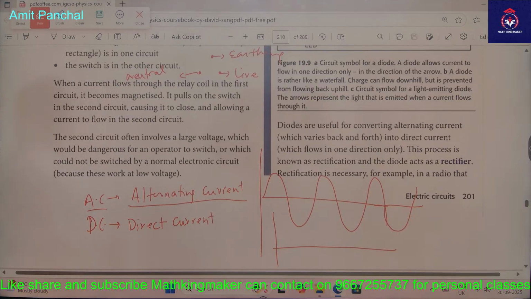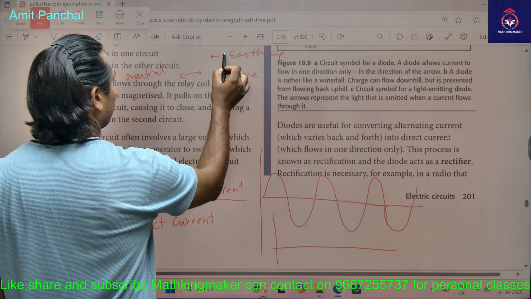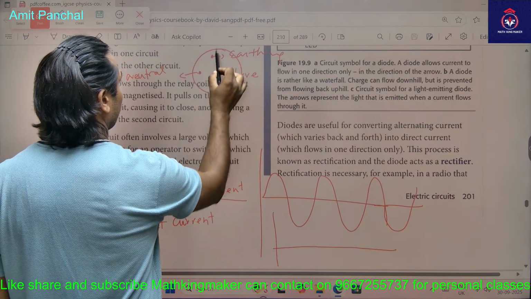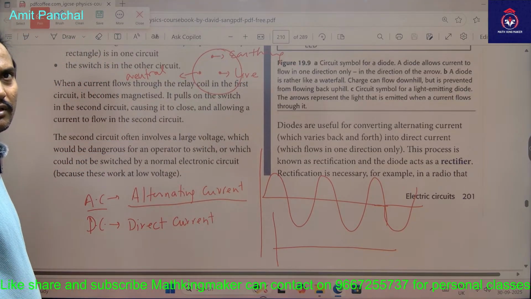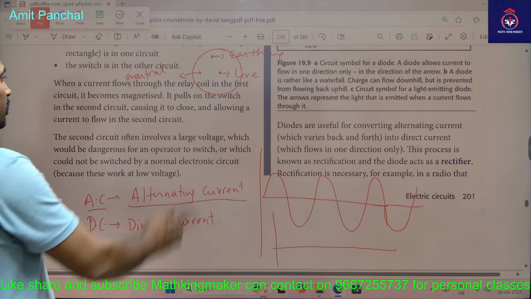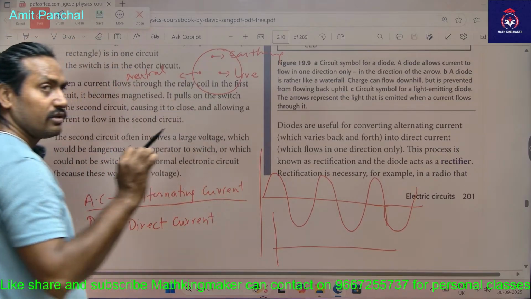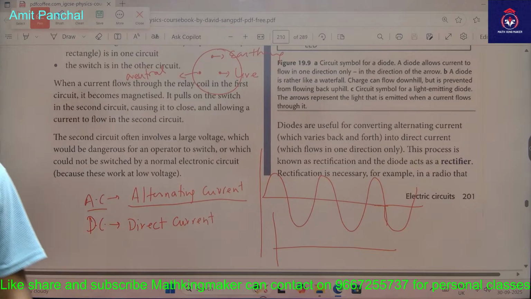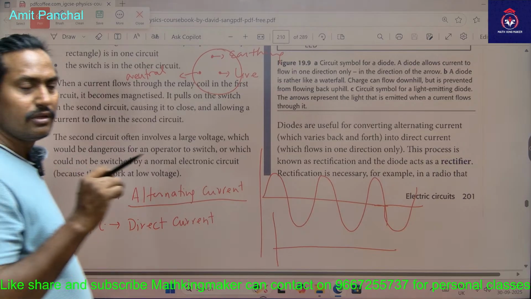You are charging your laptop, so the output of your adapter is DC. You have plugged in your laptop charger here, so the input of the laptop charger is AC, but when it is connected to the laptop, it is giving DC.